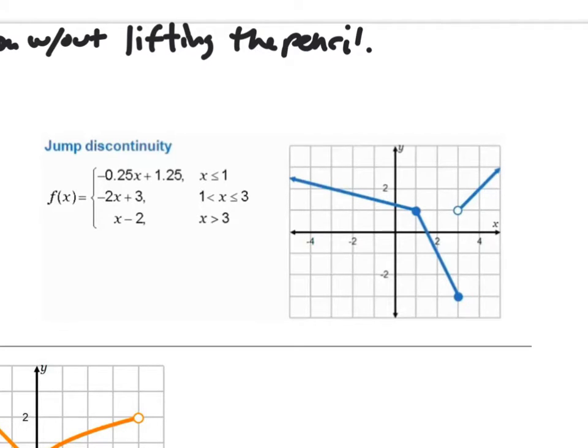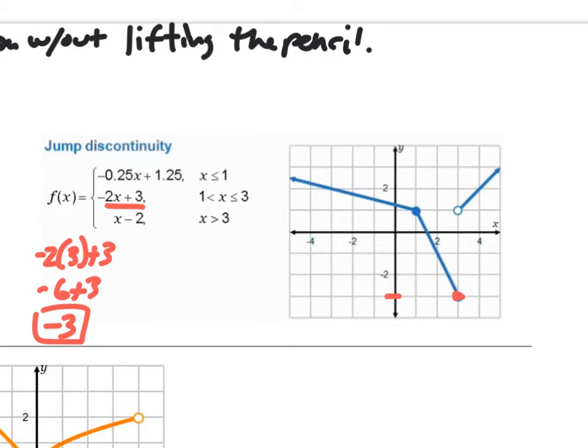If you plugged in, say, 3 into this part, negative 2 times 3 plus 3 gives you negative 6 plus 3, which is negative 3. And that's that y value down here, that's how you get that point down there.